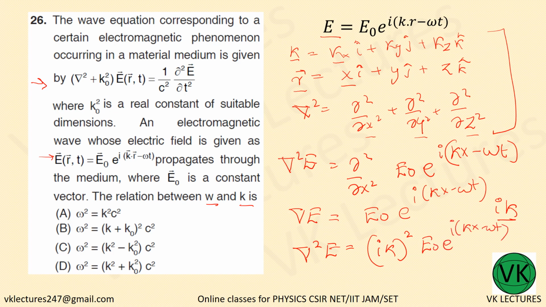What is that equal to? Minus k square into E. This term is nothing but E, we have assumed it as E. Now we got del square E is equal to minus k square E. Now we want dou square E by dou t squared.